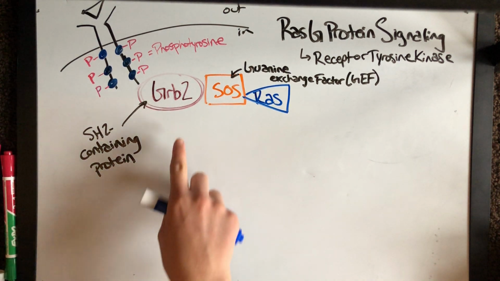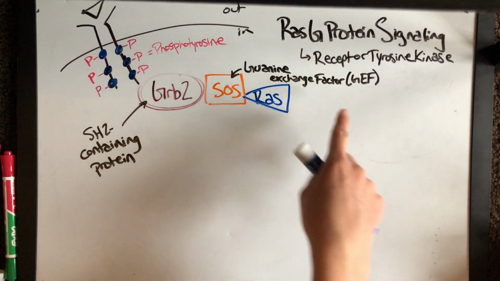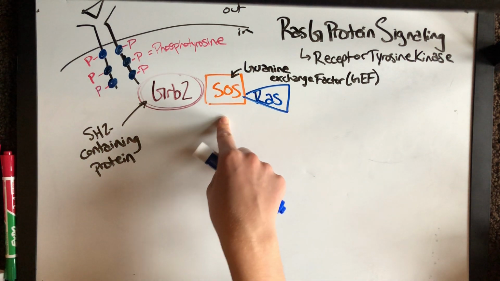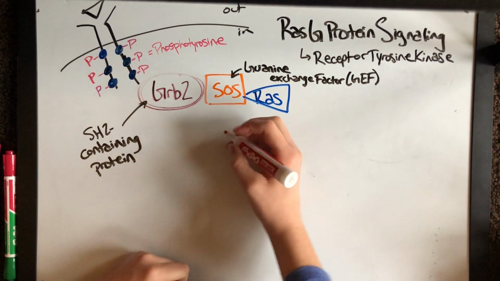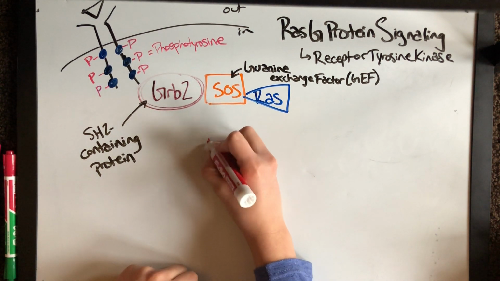Once all three are bound, that is going to activate the guanine exchange factor properties of the SOS. So down here, we're going to have a different RAS. It's a totally different RAS.